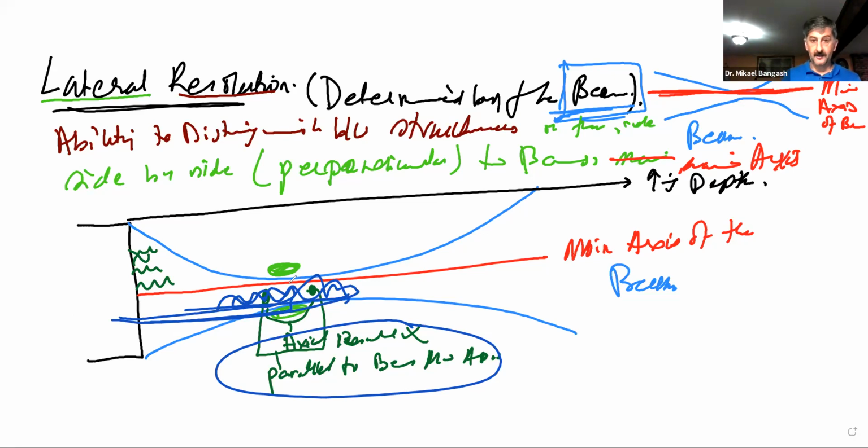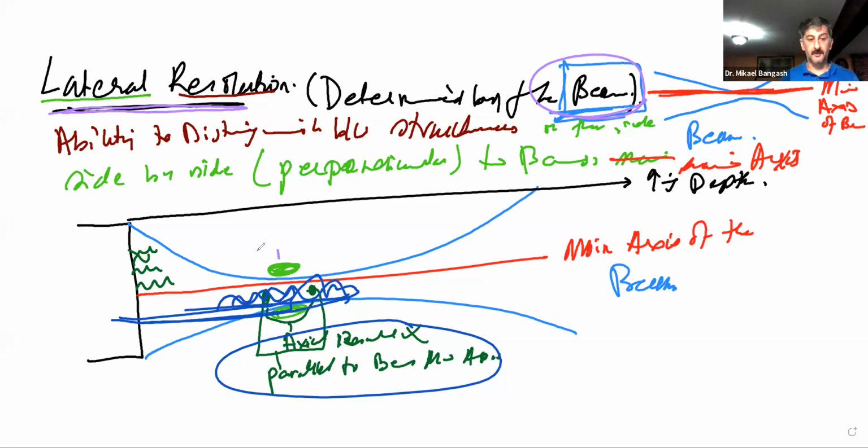Whereas your lateral resolution is going to be mainly dependent upon the shape, the nature, and so on, of your beam. But the lateral resolution is the ability to distinguish between two structures that are side by side to one another.